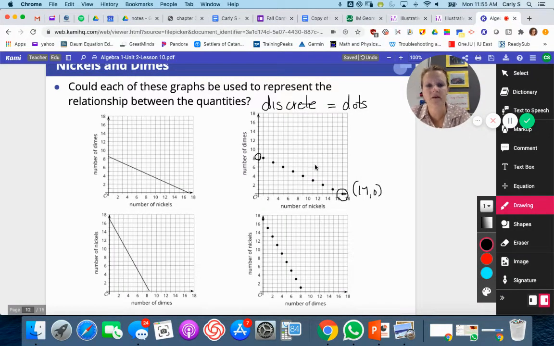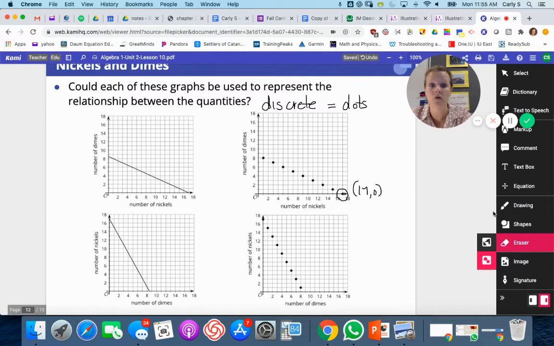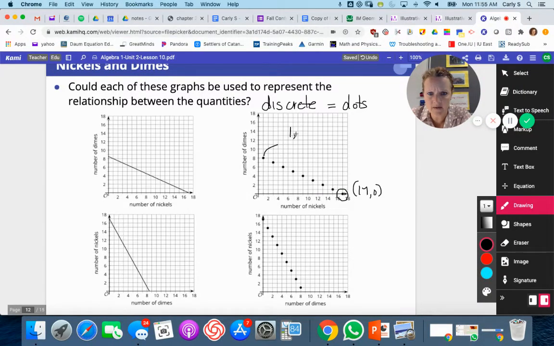And 0, comma 8.5 is not a possibility, so there is no dot there. Like this dot right here is 1, comma 8. If I plug that into my equation, I would have 5 times 1 plus 8 times 10, and that gives me 85, which is true.